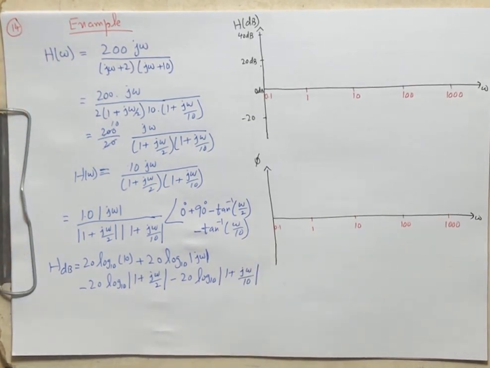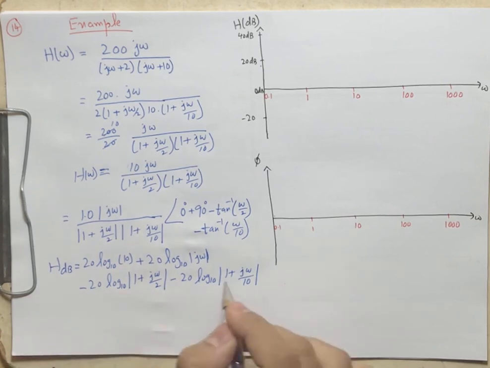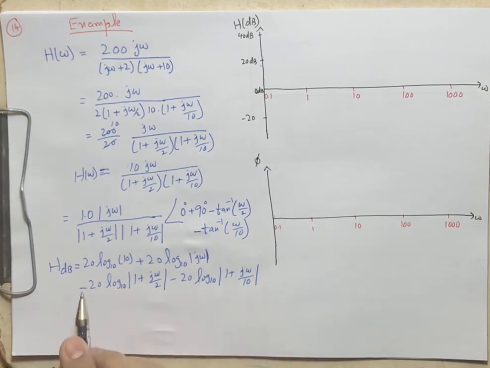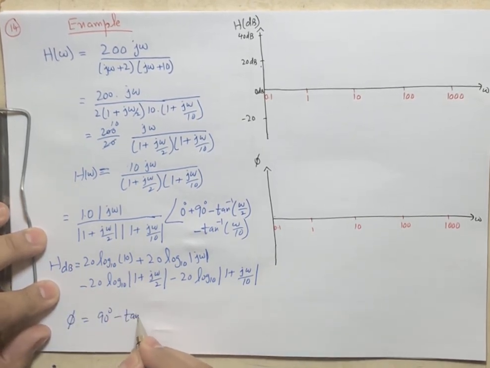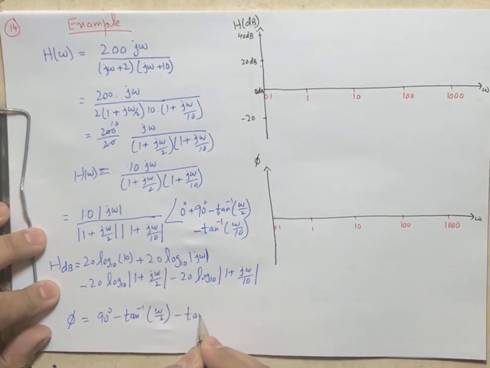So this is the H equation in the dB form, and my final phase will be 90 degrees minus tan inverse of omega by 2 minus tan inverse of omega by 10.